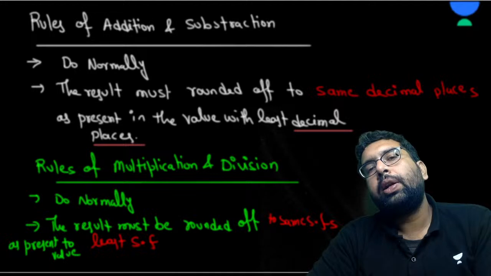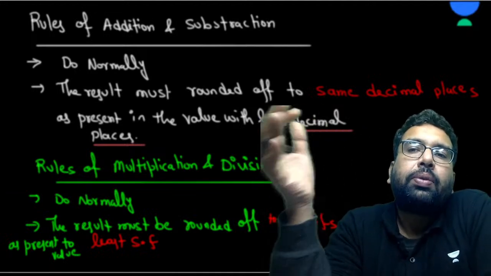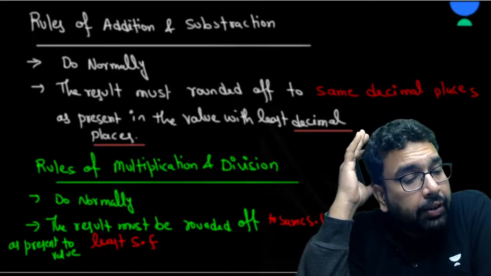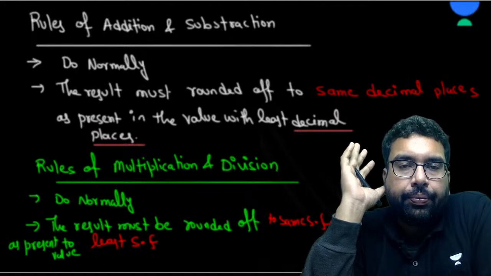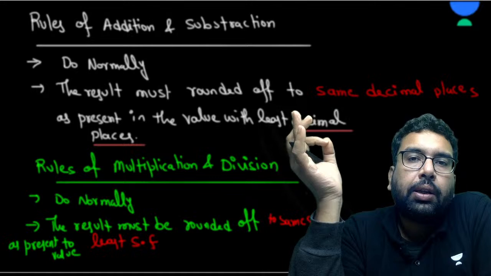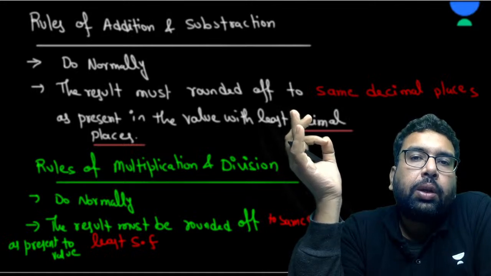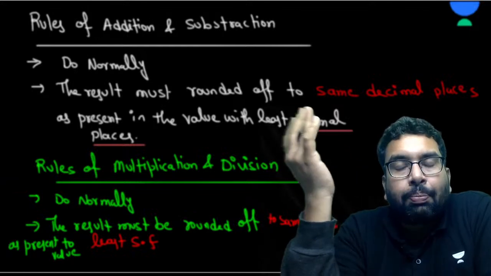The rules of addition and subtraction of the significant figures are, first of all, whenever you are adding or subtracting two significant figures, you first do it normally, in the same way as you do the normal addition and subtraction of two numbers.